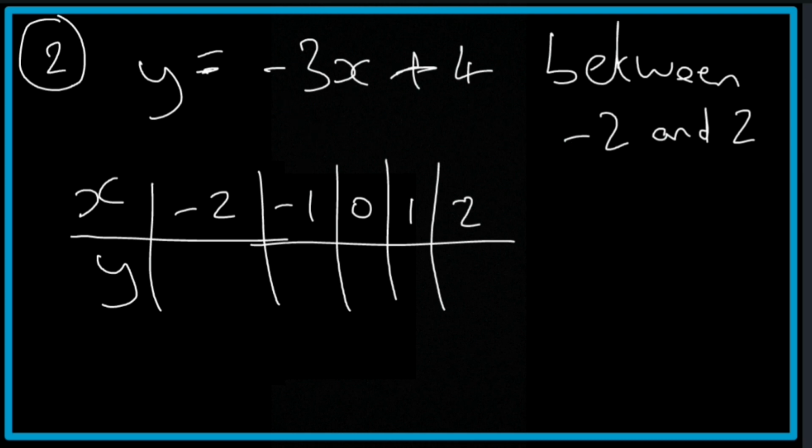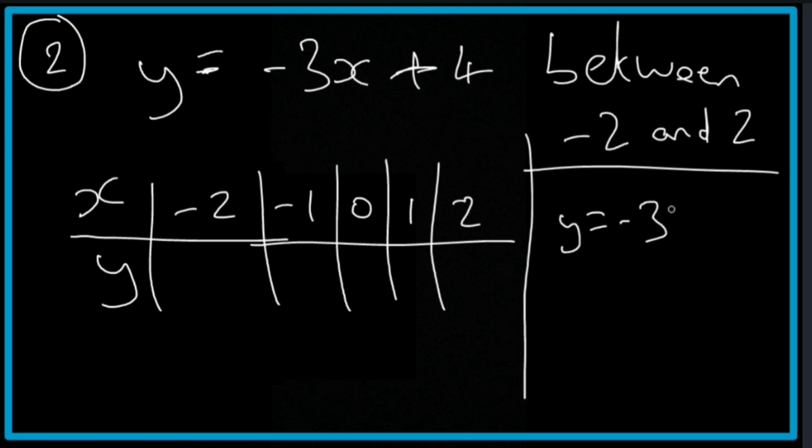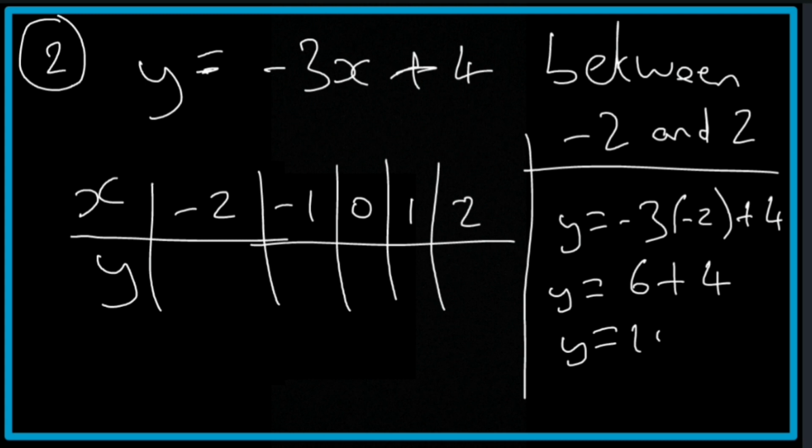This is my working out. y equals -3 times -2 plus 4. Two negatives multiplied together make a positive. So that's 6 plus 4, which equals y equals 10.